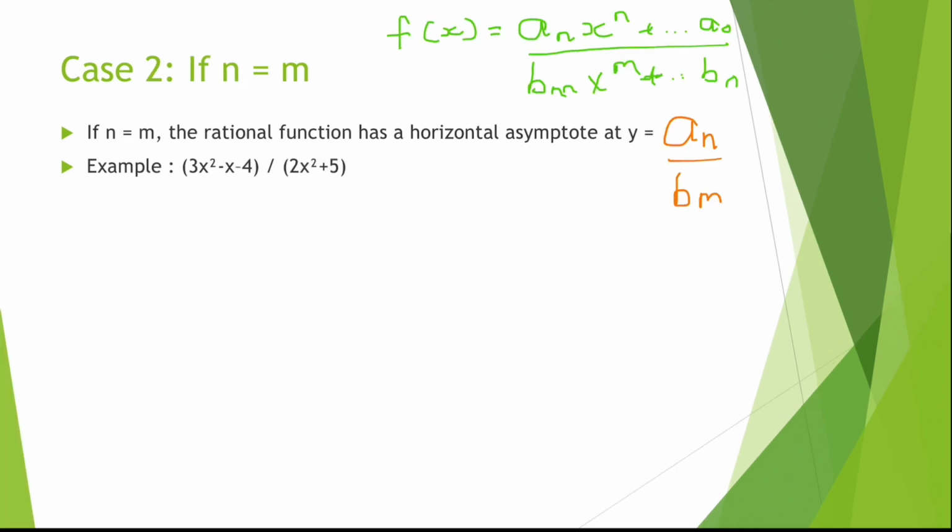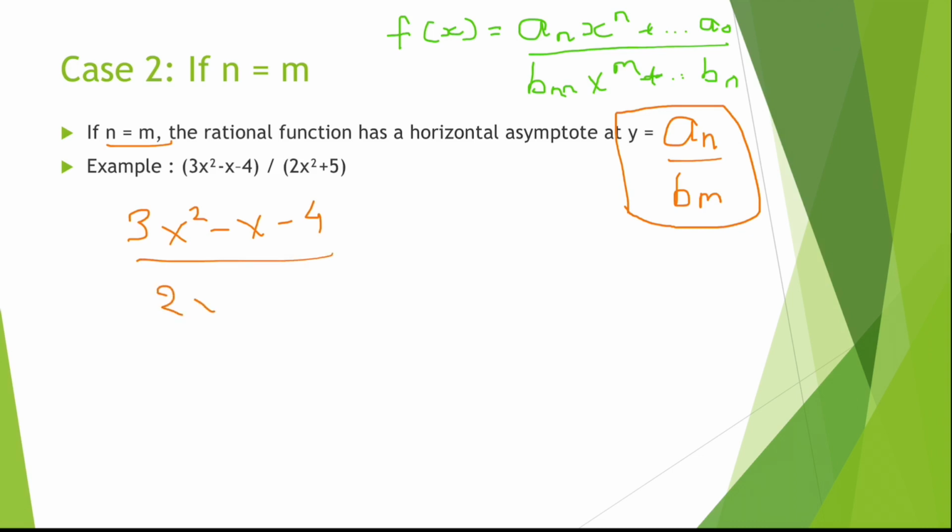Let's move ahead. Now the second case says that if n is equal to m, which means the degree of the numerator is equal to the degree of the denominator, then the rational function has a horizontal asymptote at y equal to an upon bm, which is the division of the leading coefficients. If you look at the example, 3x squared minus x minus 4 upon 2x squared plus 5, we realize that the leading power, which is the degree, is 2 over here, and so it is over here.